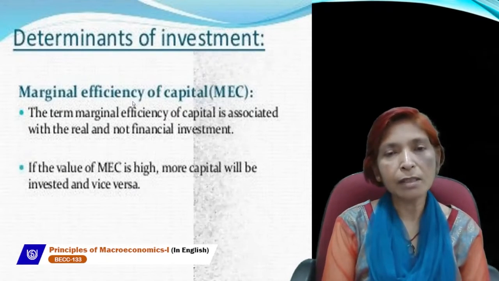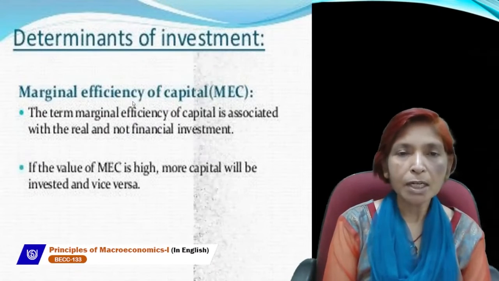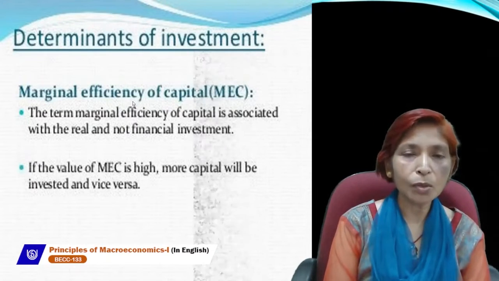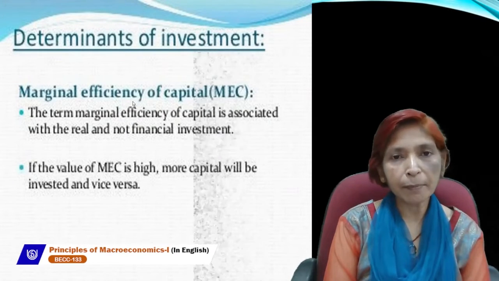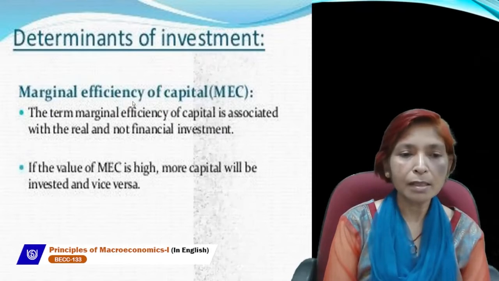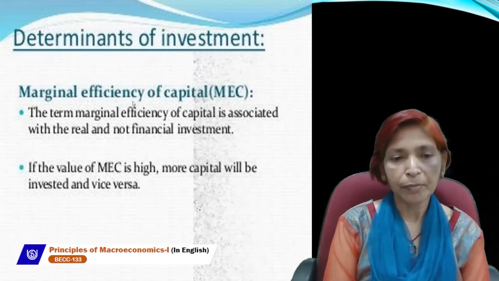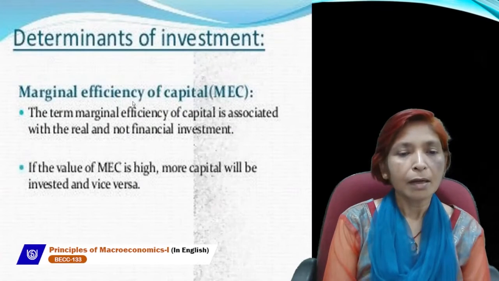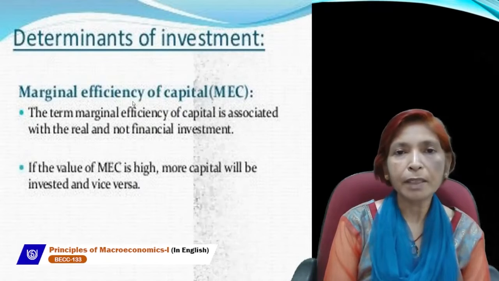The marginal efficiency of capital also has two determinants. One is the prospective yield of the capital asset and the other is the supply price of the capital asset. First is the expected or prospective yield of the capital asset.